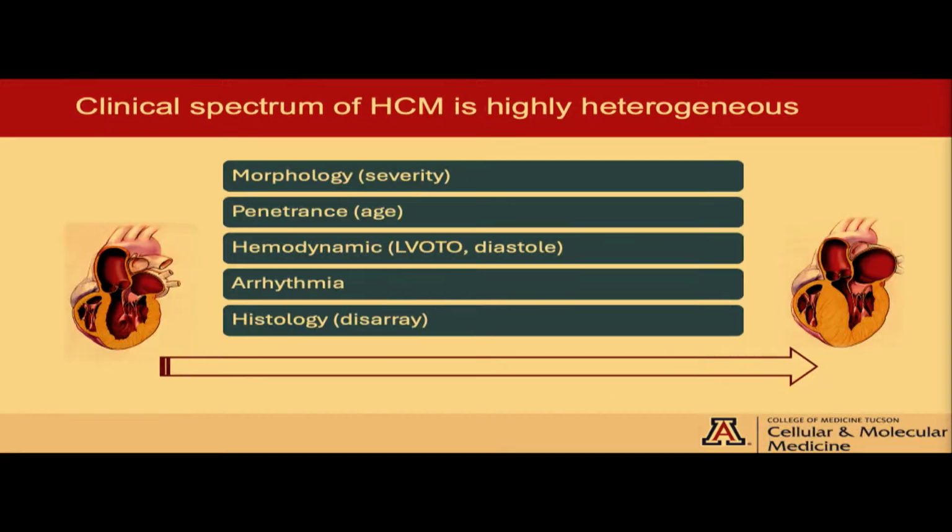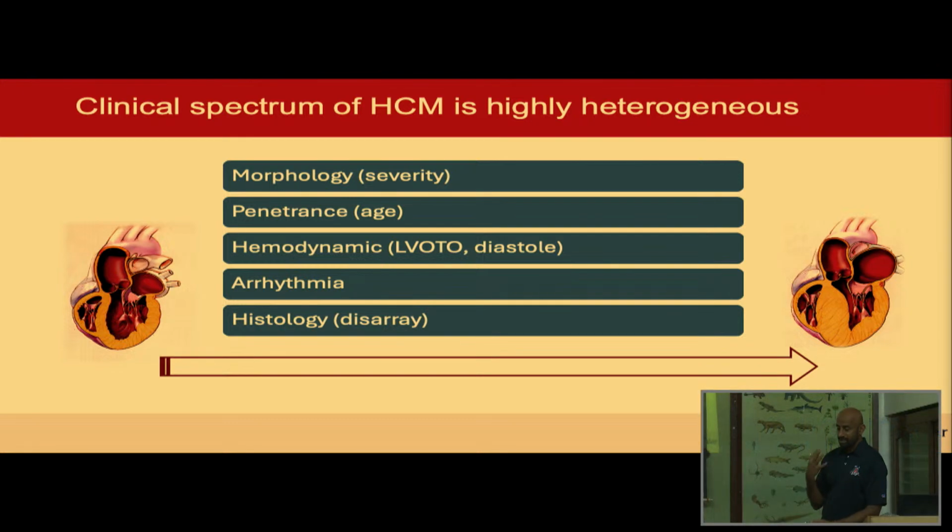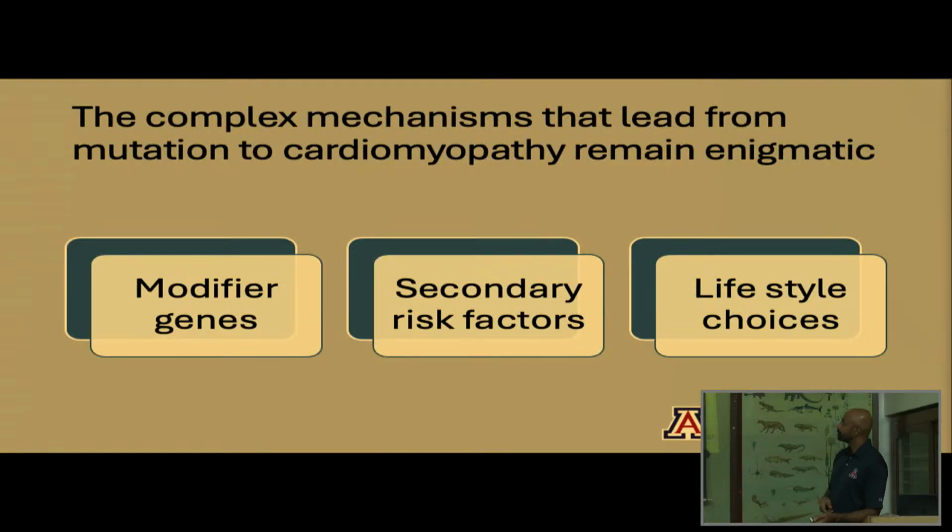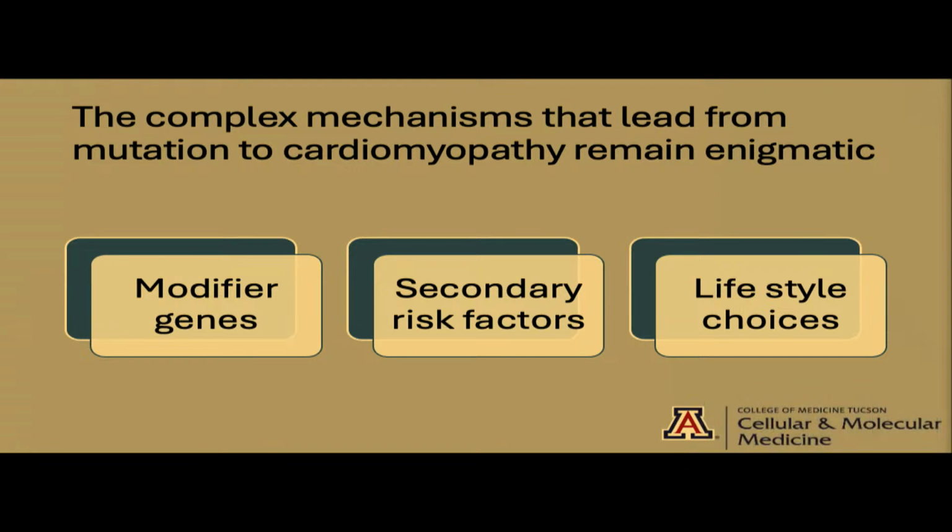We talked about all the variabilities in the disease development, starting from the cardiac structure, the thickness, chamber size, and then the penetrance, which is what time in your life the disease can develop or show symptoms, and then cardiac arrhythmias, histology, all these aspects. Then we also covered the modifying genes, secondary risk factors, and lifestyle choices.